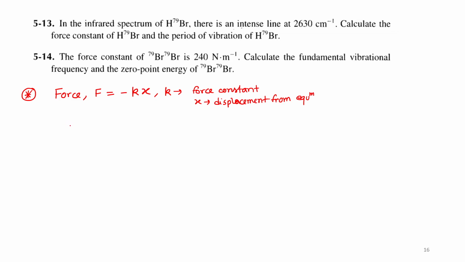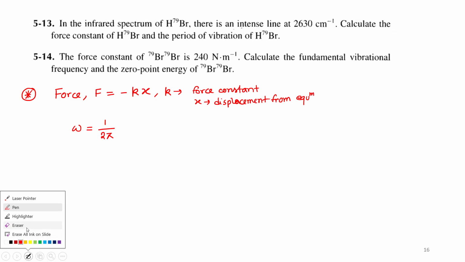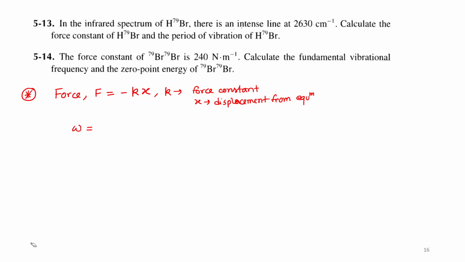Another formula is omega equals, not 1 by 2 pi. Let me write it. Square root of k by m, where m is mostly the reduced mass, because here we are working with a two body problem, right?